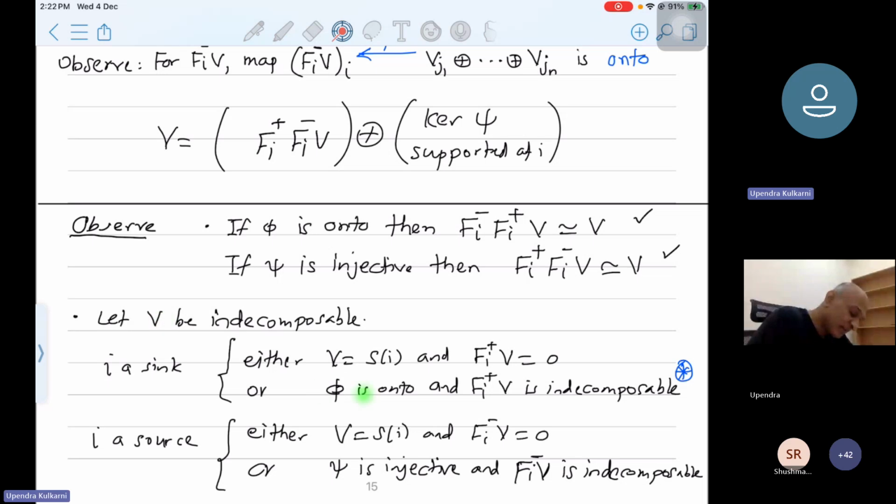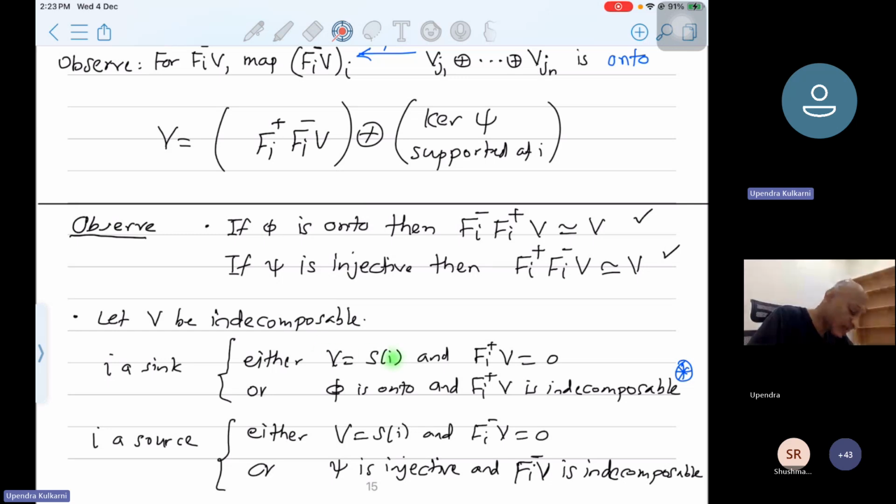That means that the map phi, that is the map from the direct sum of the neighbors to Vi, has to be an onto map. Because if it were not onto, then I would have just decomposed the original representation by putting in the co-kernel in slot I and 0 everywhere else.